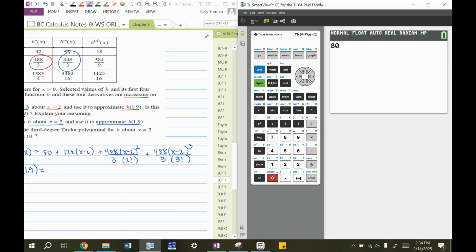So 80 plus 128 times negative 0.1 plus 488 times negative 0.1 squared divided by 3 times 2, which is 6, plus 488 times negative 0.1 to the third divided by 3 times 6.